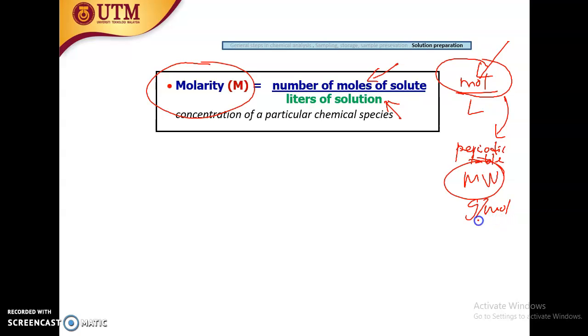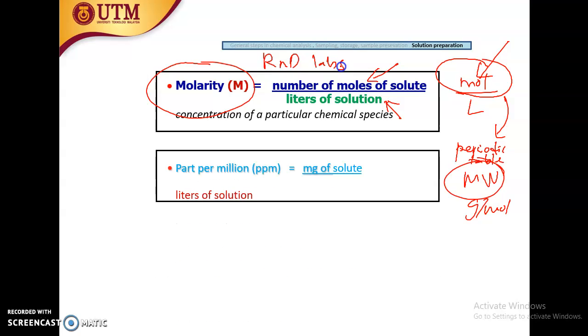Okay, so this is commonly used in R&D labs or sometimes in any QC/QA line of work. Okay, what if you don't want to go to the hassle of finding this molecular weight? You can do part per million as your unit.